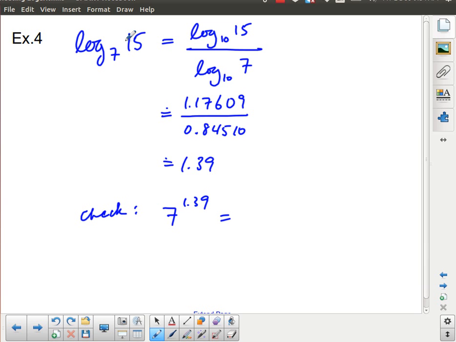We say 7 to the power of 1.39 is equal to, and in this case, with my rounding, I ended up with 14.95. So rounded to 2 decimal places, that's how close my approximation is. But that at least tells you that you're pretty confident that you've done things the right way.